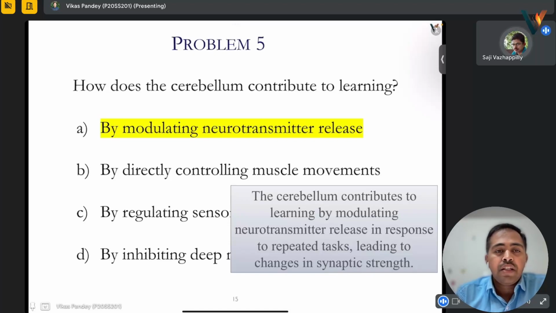I have a doubt, sir, because it's averaging out the signal. So modulation may be the correct one. Yes. The cerebellum learns by modulating neurotransmitter release in response to repeated tasks, leading to change in synaptic strength. That is synaptic plasticity.